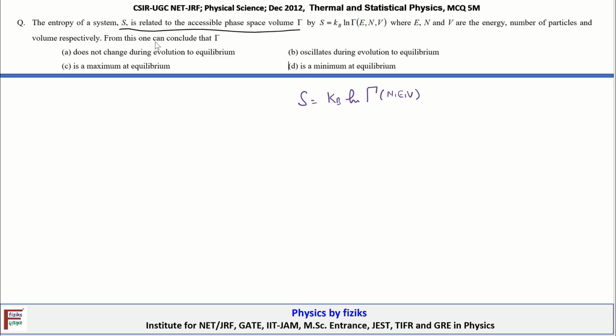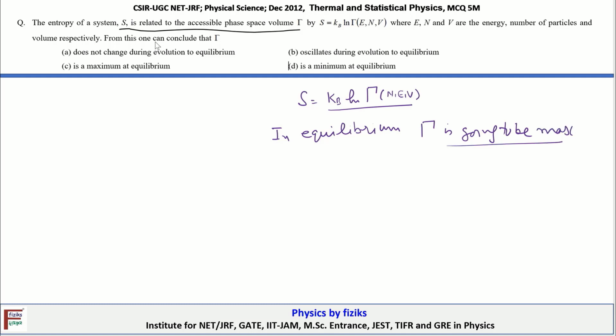Okay, so here we conclude that in equilibrium gamma is going to be maximum.